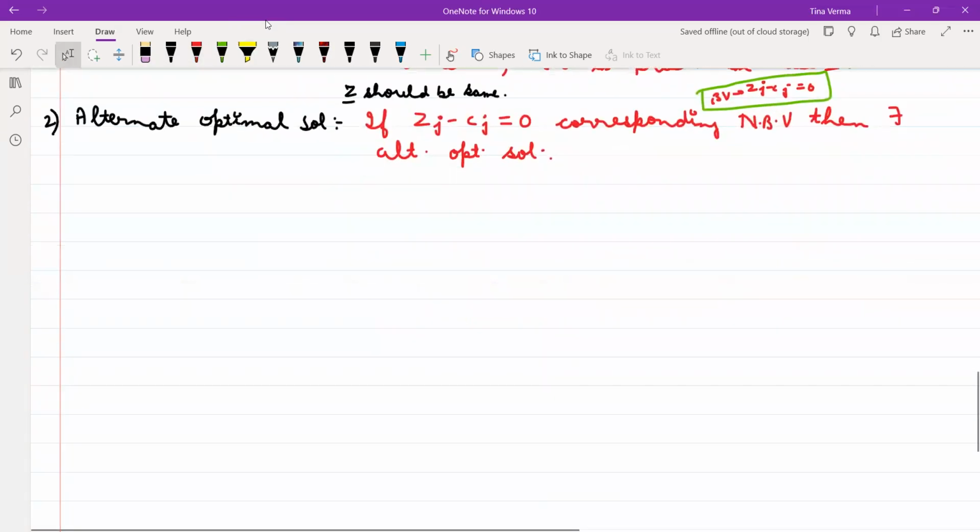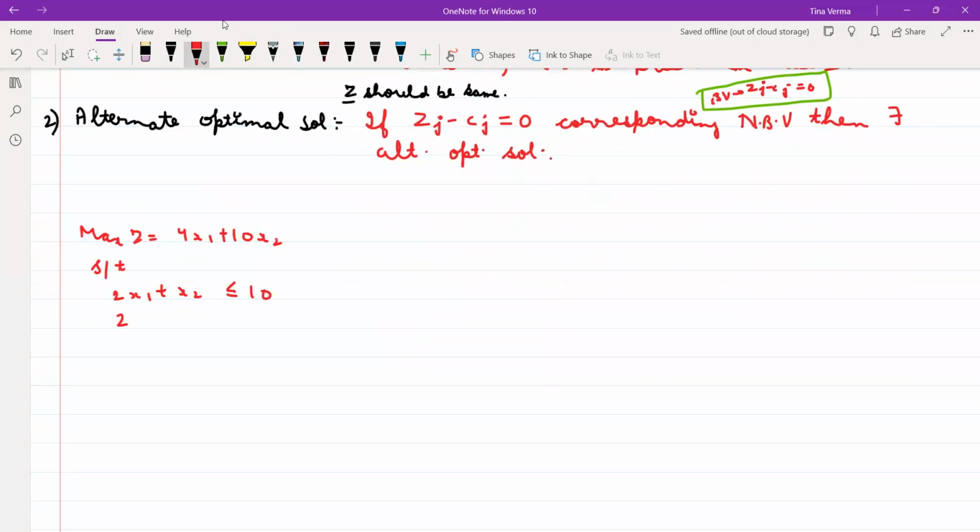If you have solved the problem, this is the problem: maximize Z equal to 4x1 plus 10x2 subject to 2x1 plus x2 less than or equal to 10, and 2x1 plus 5x2 less than or equal to 20, right? And when you have to solve it by the simplex method, here you will add plus s1 plus s2.